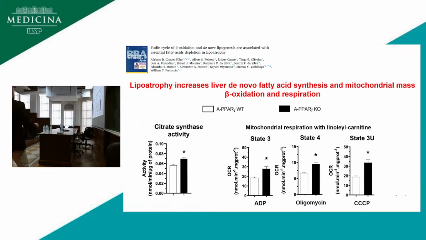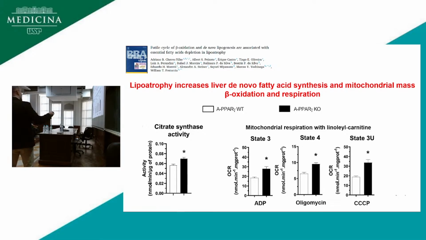Also, we evaluated some parameters related to mitochondrial function, and as you can see here, the lipoatrophic mice show an increase in citrate synthase activity. Citrate synthase is a surrogate marker of mitochondrial mass, indicating that these mice probably have more mitochondria.